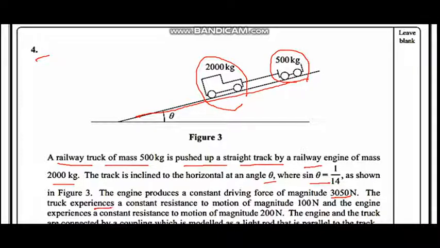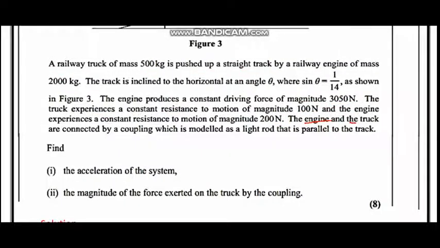The truck experiences a constant resistance to motion of magnitude 100 Newton, and the engine experiences a constant resistance to motion of magnitude 200 Newton. The engine and the truck are connected by a coupling, modelled as a light rod that is parallel to the track. Find the acceleration of the system and the magnitude of the force exerted on the truck by the coupling.